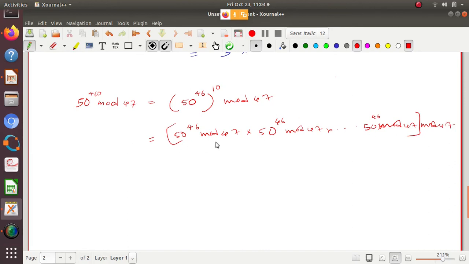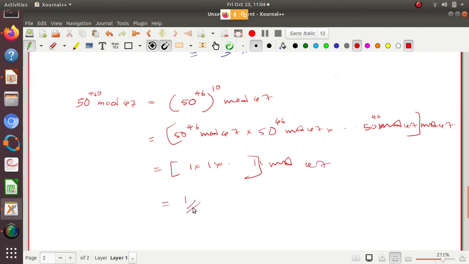Ten times we have to perform this. But we know that this part, according to Fermat's theorem, is a to the power p minus 1 mod p, so it will become 1 into 1, and so on, mod 47, which is 1.